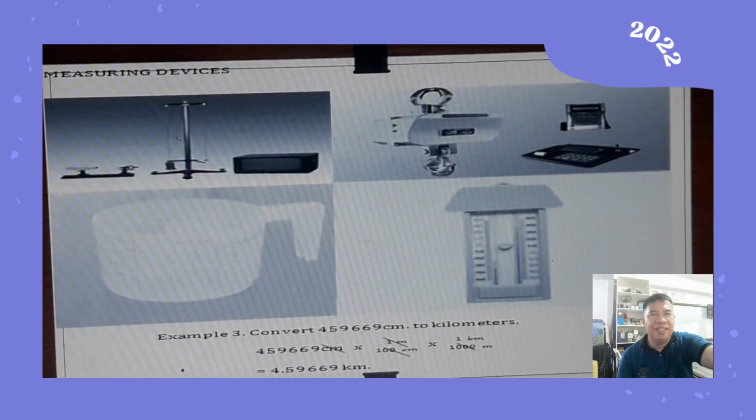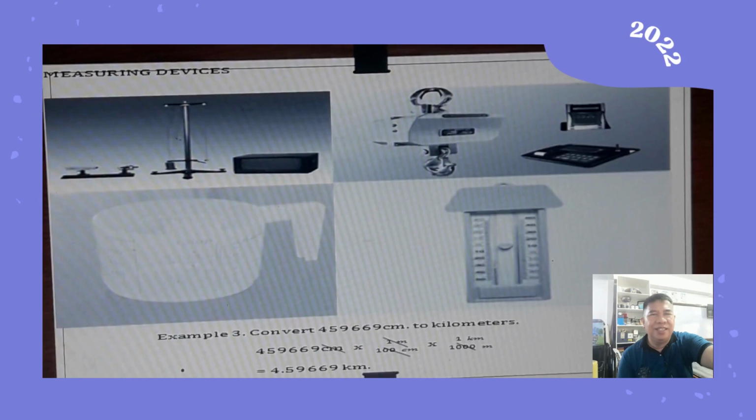There is an example provided here to convert a unit from one unit to another. Of course, in this case, we are no longer using the metric converter, but you can also do it using the same metric converter, since it is from centimeters to kilometers. And here is a mathematical manipulation in order to obtain the answer also.